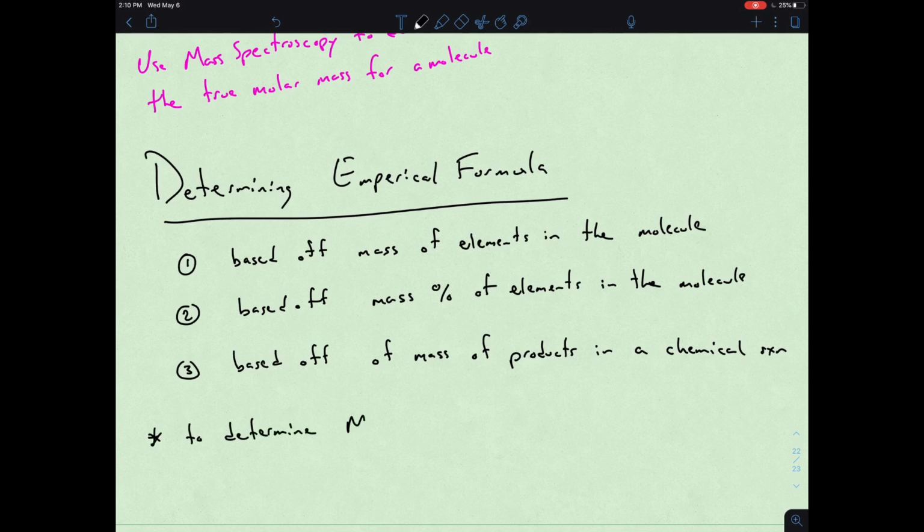To determine the true formula, you need a molecular molar mass given.